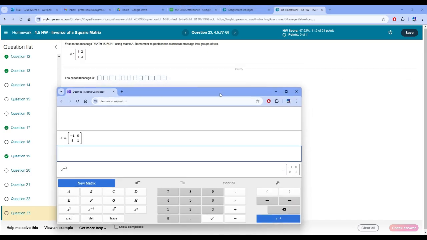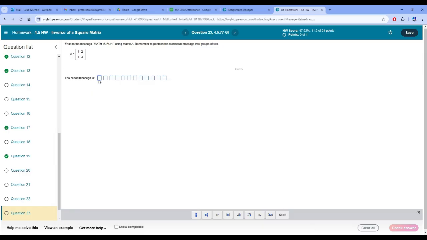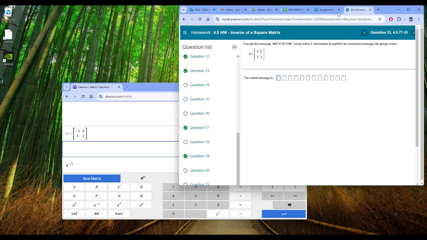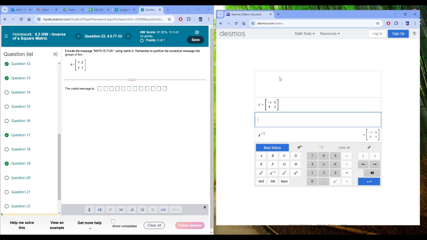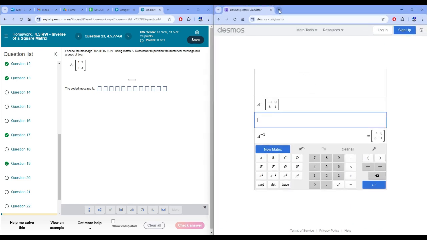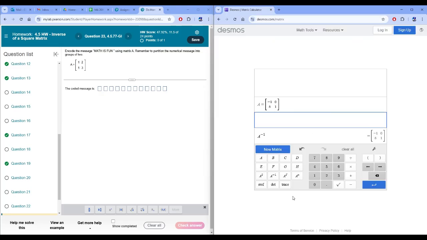First, what's the coded message? What number is M? I need to know what number in the alphabet M is. Let me see if it gives me an example.